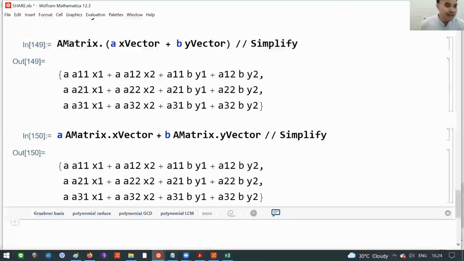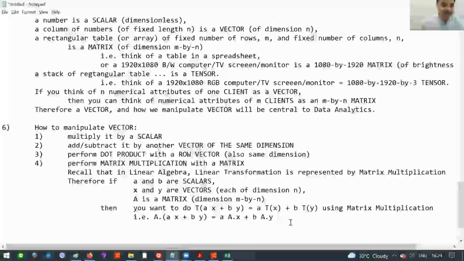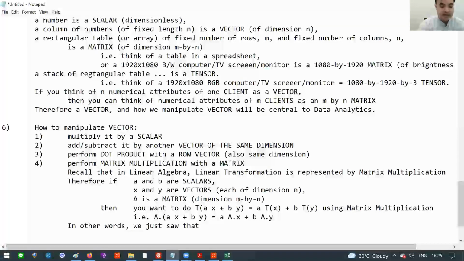Therefore, we know that multiplying by a matrix, in other words, we just showed that matrix multiplication is a linear transformation.